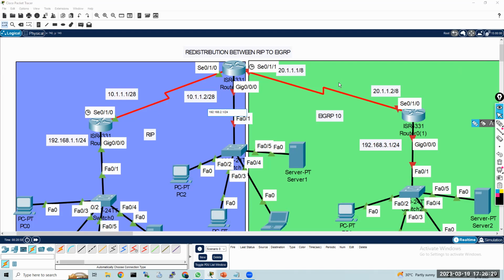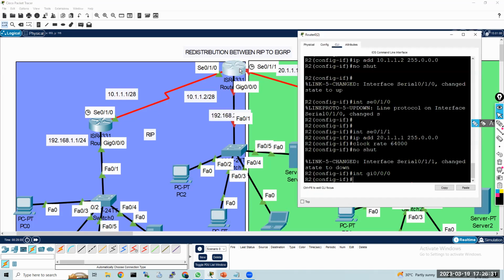Click on the router again. Okay. I didn't memorize. 192.168.2.1. That is slash 24. Yes, so 255.255.